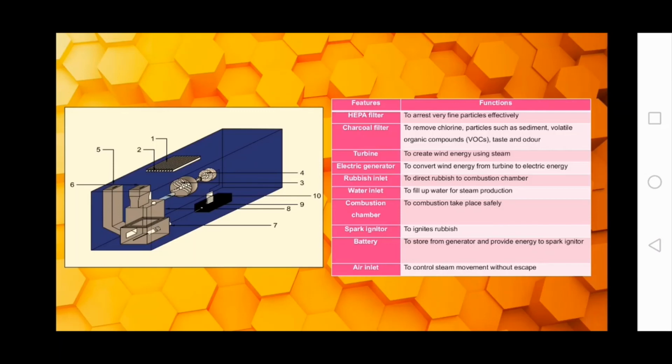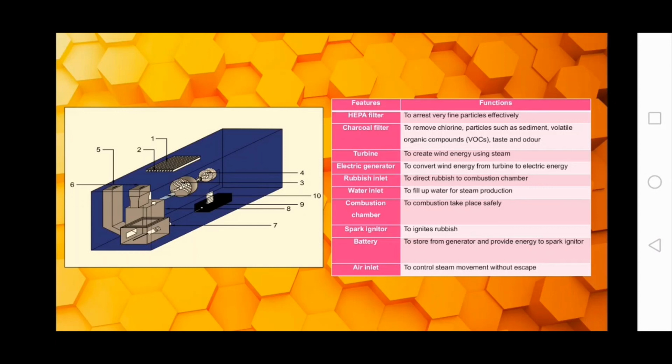Third, the turbine. The turbine is to create wind energy using steam and convert wind energy to kinetic energy. The electric generator is to convert kinetic energy to electric energy. Rubbish inlet, number 5, is to direct rubbish to the combustion chamber without getting stuck anywhere. Water inlet, number 6, is to refill water after water is used up for steam.